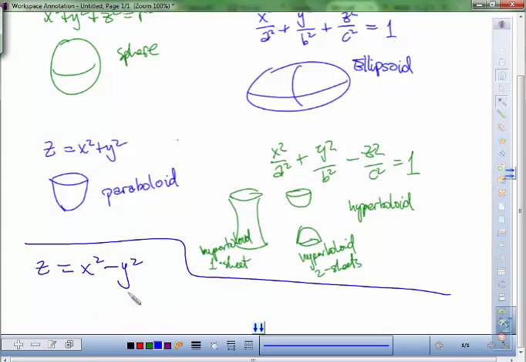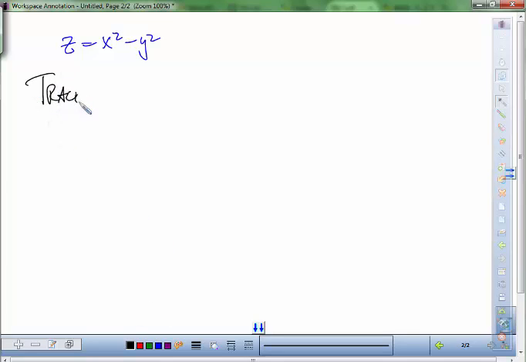So let's start this on a new page. And let's talk about a trace. A trace is when you take one of these variables, either the x, the y, or the z, and a lot of times we're going to choose z.